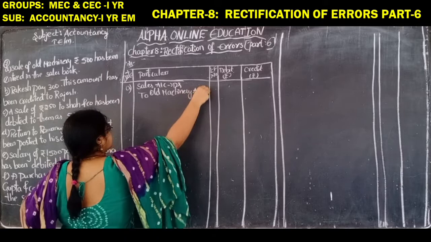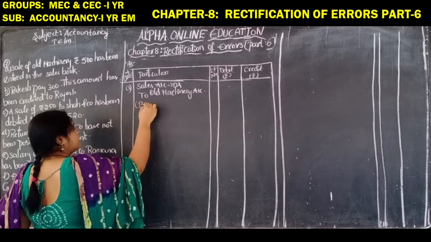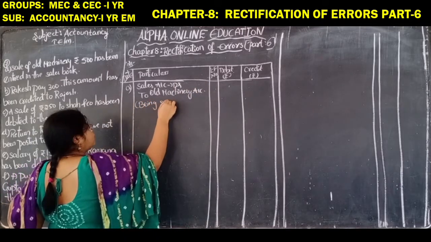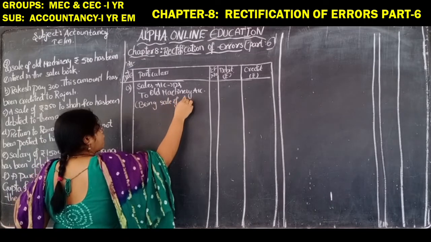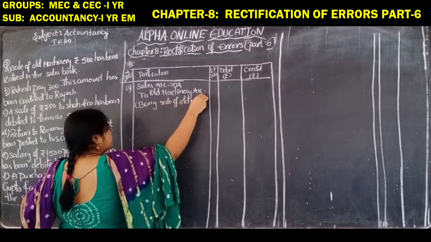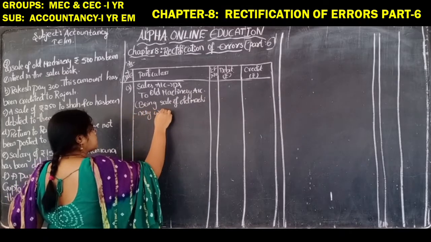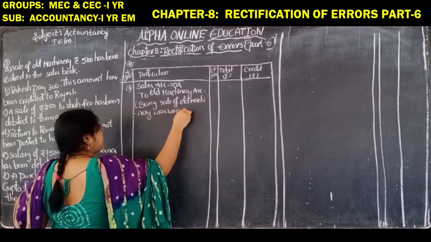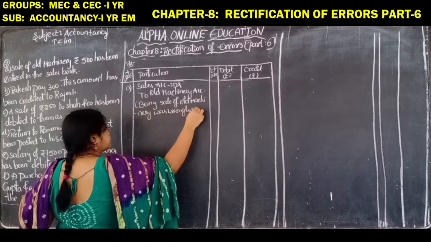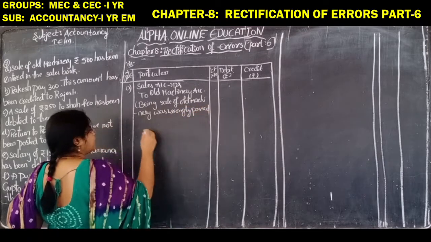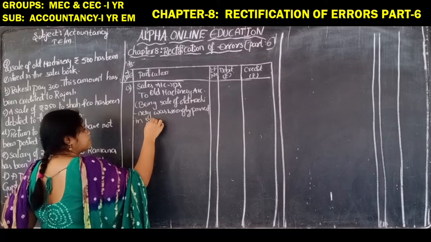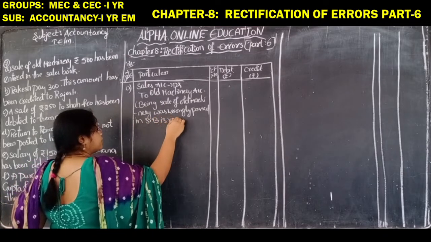Narration: being sale of old machinery was wrongly passed in sales book is rectified.